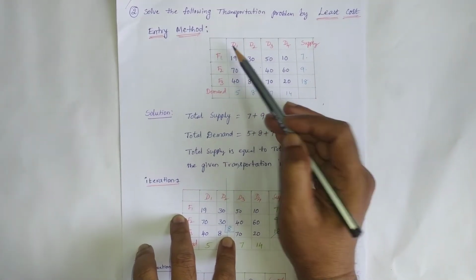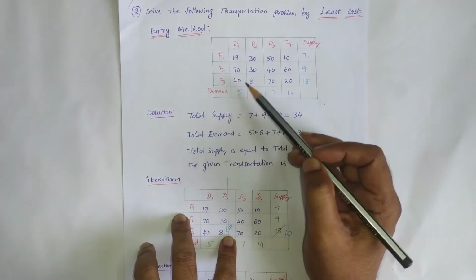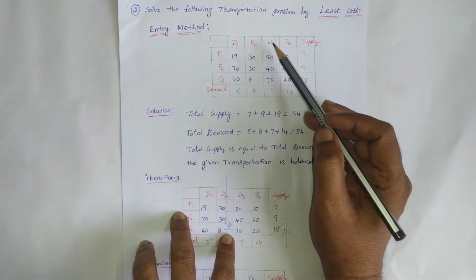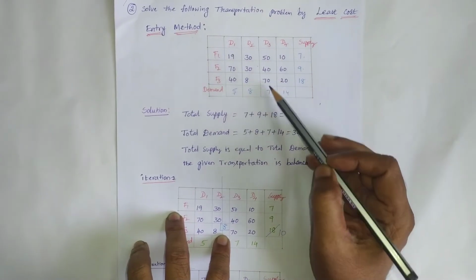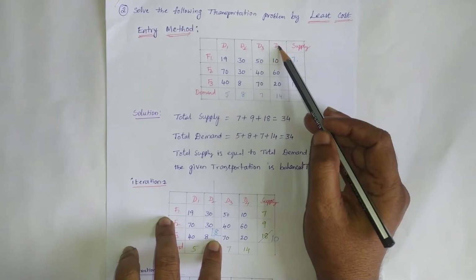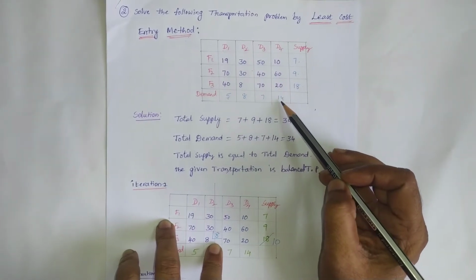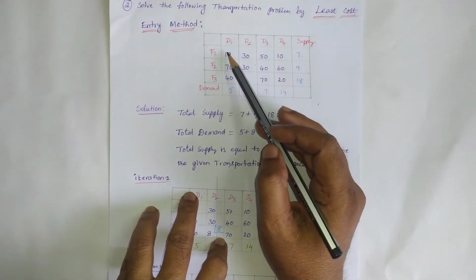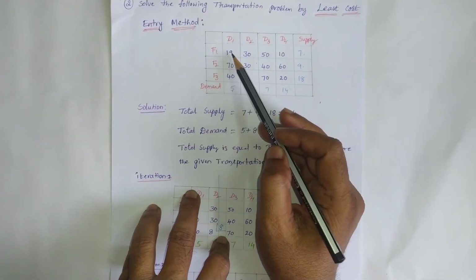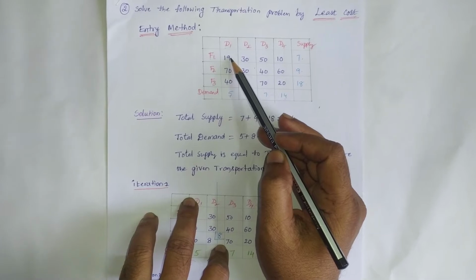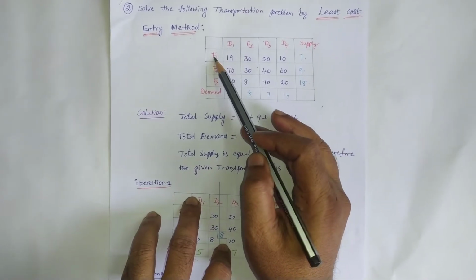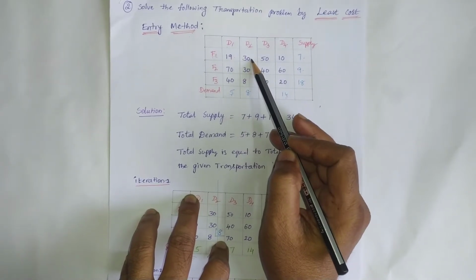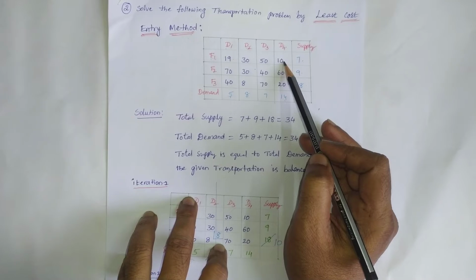Destination D1 requires 5 units, D2 requires 8 units, D3 requires 7 units, D4 requires 14 units. The cells containing the values are the unit costs. So the F1 D1 cell unit cost is 19 rupees, then 30 rupees, 50 rupees, 10 rupees, like this.